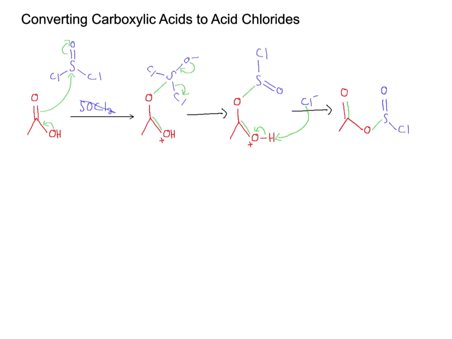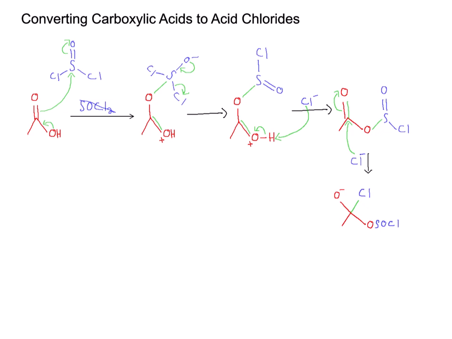So now that we've done this, we can actually carry out a nucleophilic acyl substitution. We're going to take a chloride anion from somewhere in the reaction chamber, and this is going to come up and act as a nucleophile and attack this electrophilic carbonyl carbon, of course sending this bond up as we're very familiar with by this point.